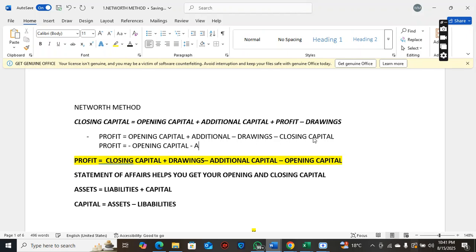Additional capital becomes negative. Drawings becomes positive, and closing capital becomes positive.